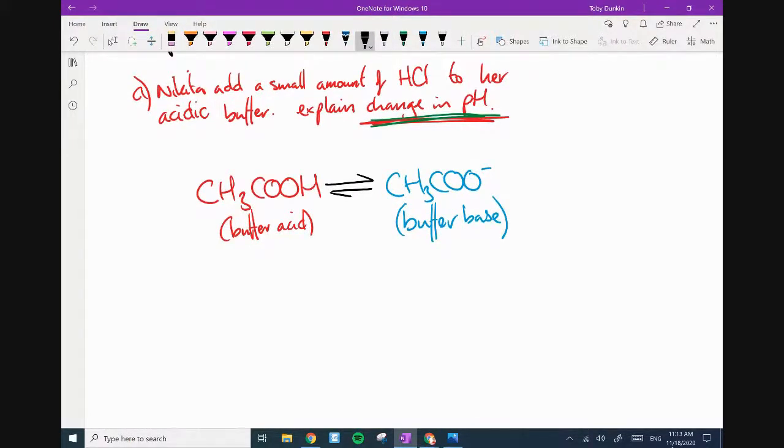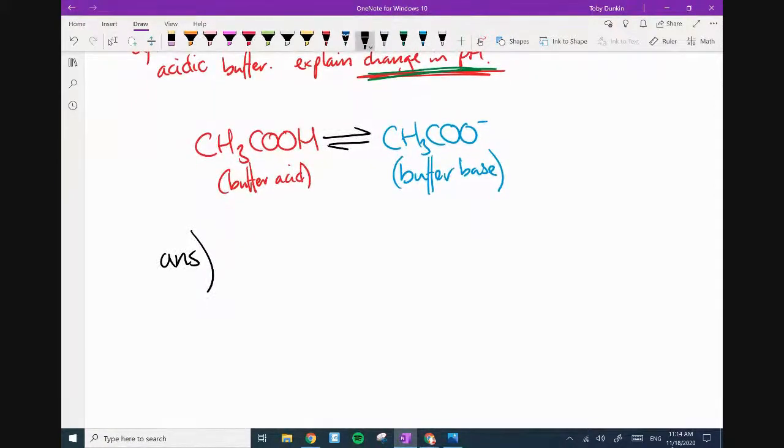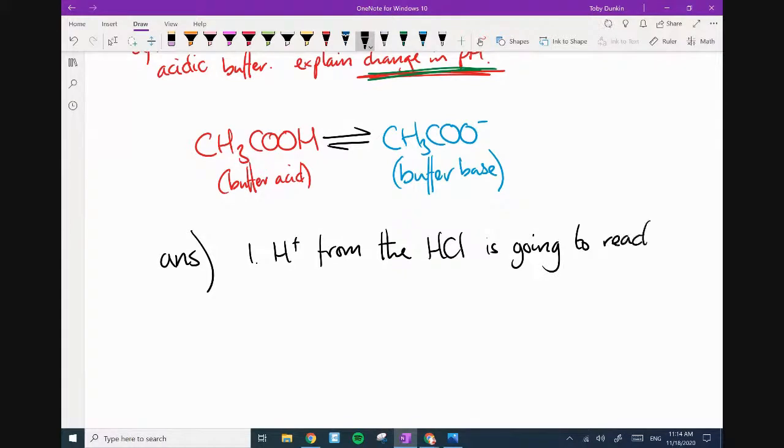So the answer, in black: step number one, the H plus from the HCl is going to react with the conjugate base.